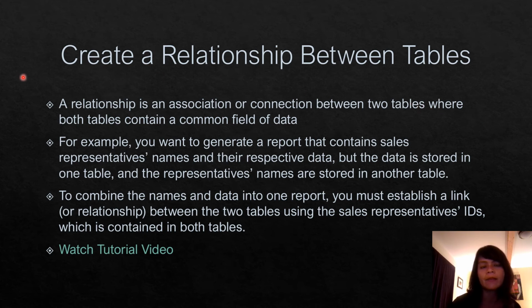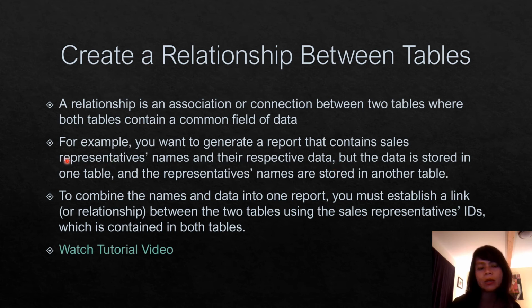So the number one thing we're going to do here in our video tutorial is to create a relationship between tables. A relationship is an association or a connection between two tables where both tables contain at least one common field of data. For example, you might want to generate a report that contains sales representatives' names and their respective data.